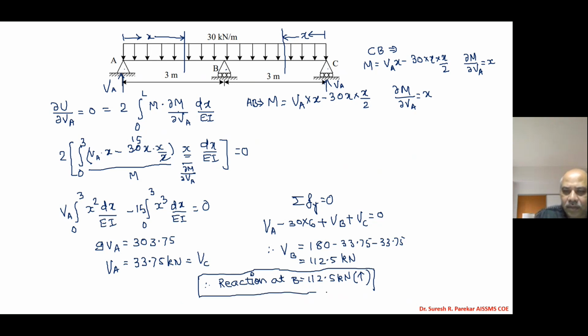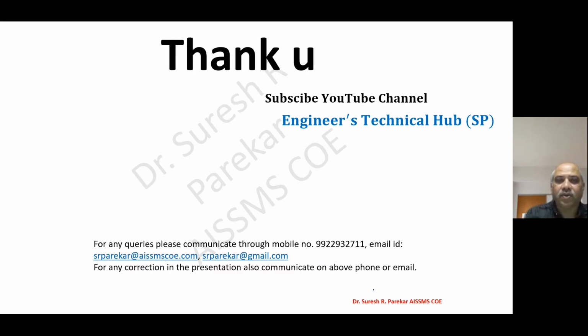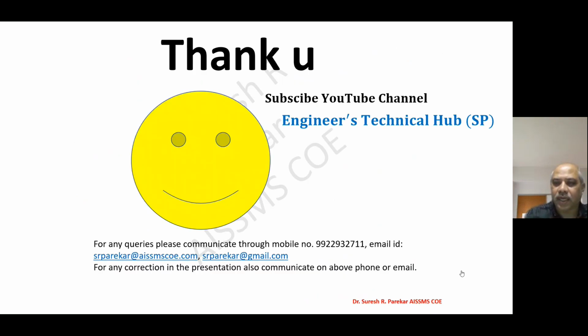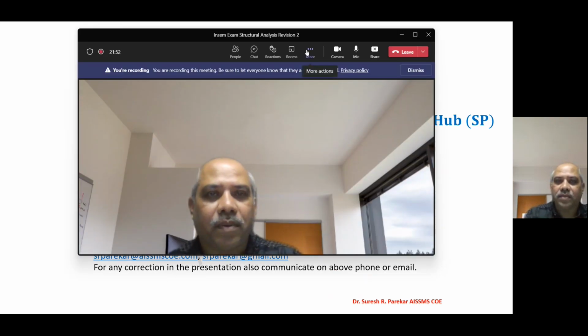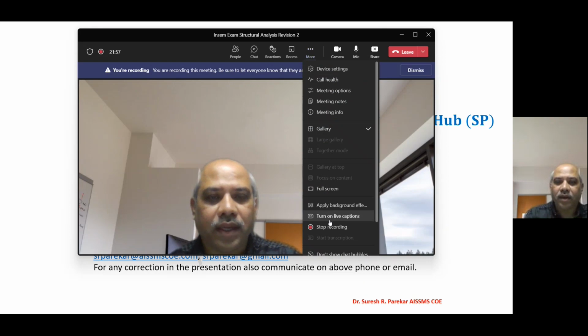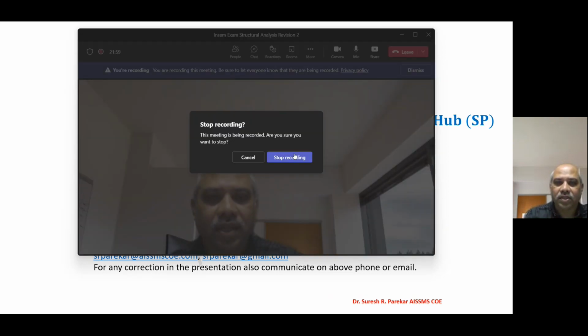If we have this problem in the examination, likewise we have to solve the problems of continuous beam related to Castigliano's theorem. So we have seen problems of proper cantilever, and now we have seen problems of continuous beam. So now we will stop here only. Other problems we will see in the next lecture. Thank you.